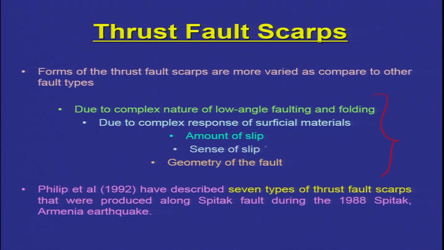So if the depth changes, amount of slip changes, and depending on what material in which area the faulting is occurring, that will result in different types of fault scarps. Okay, so 7 types of fault scarps have been described from a single event.